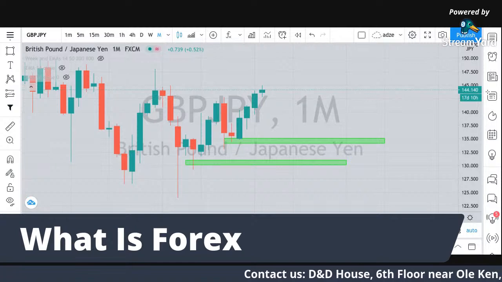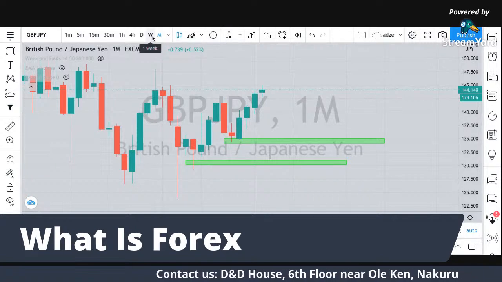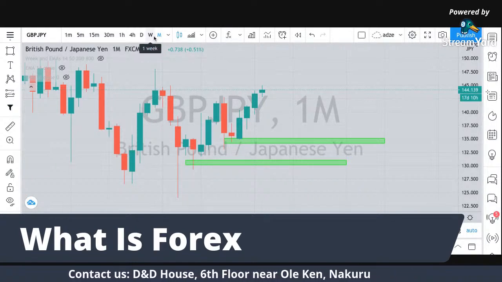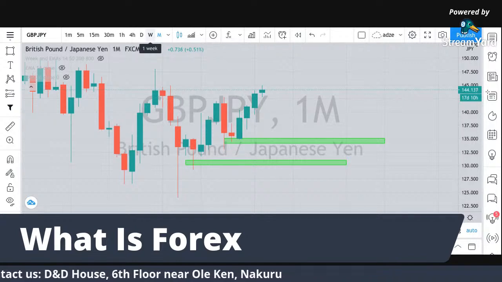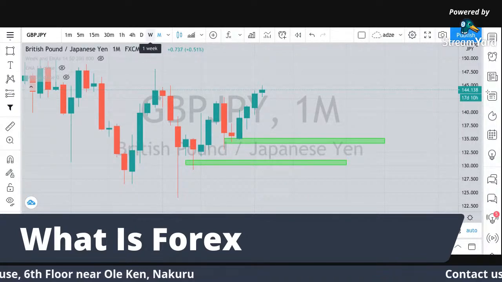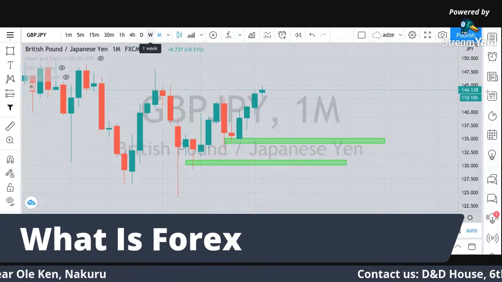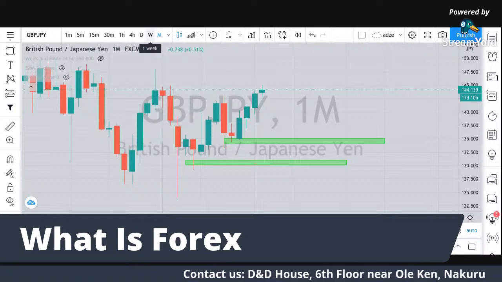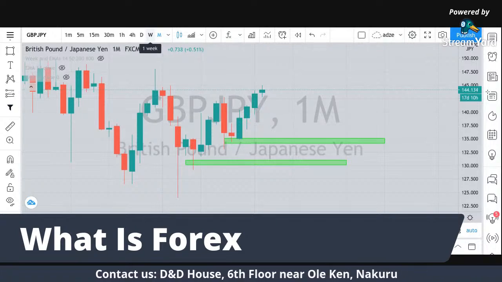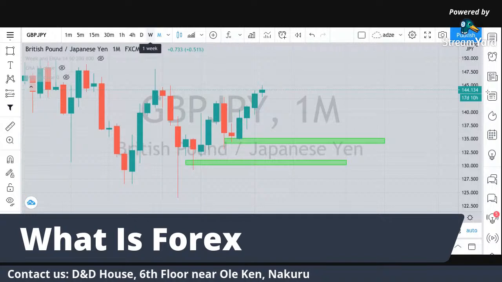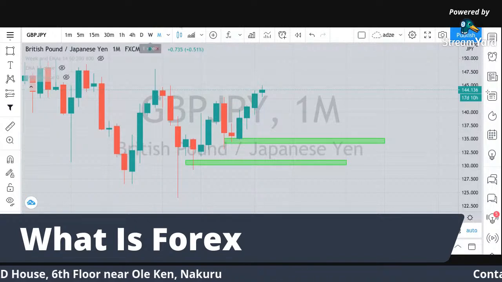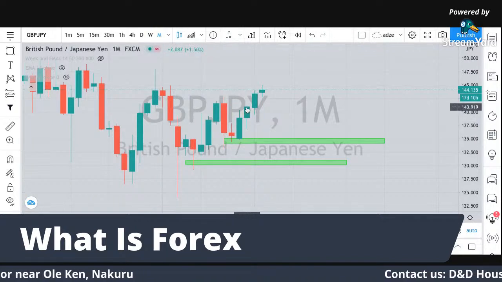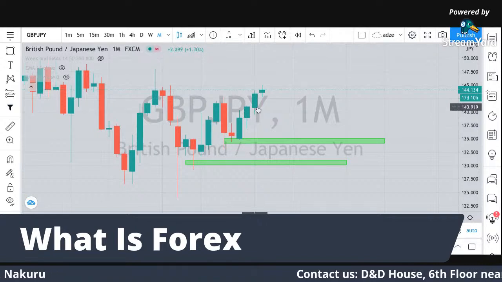Now we are done with the monthly. We know price moves in the manner of going up. Even in an uptrend, it's going to create higher highs and higher lows. This is the higher high, this is the higher high, this is the higher low, this is the higher low.